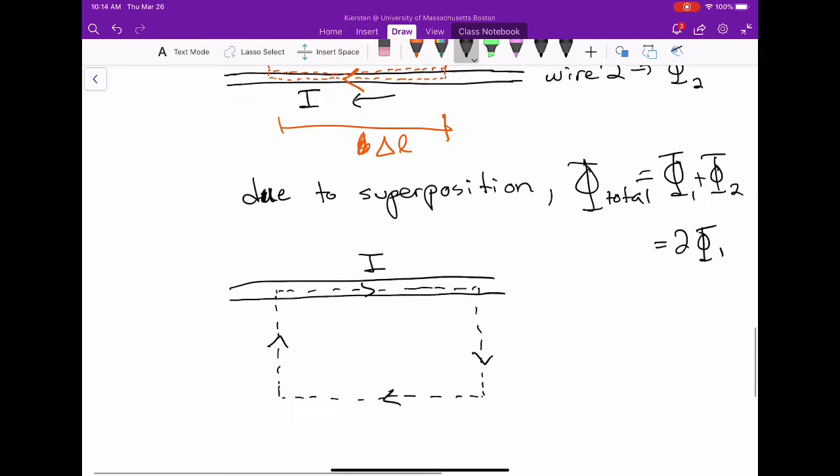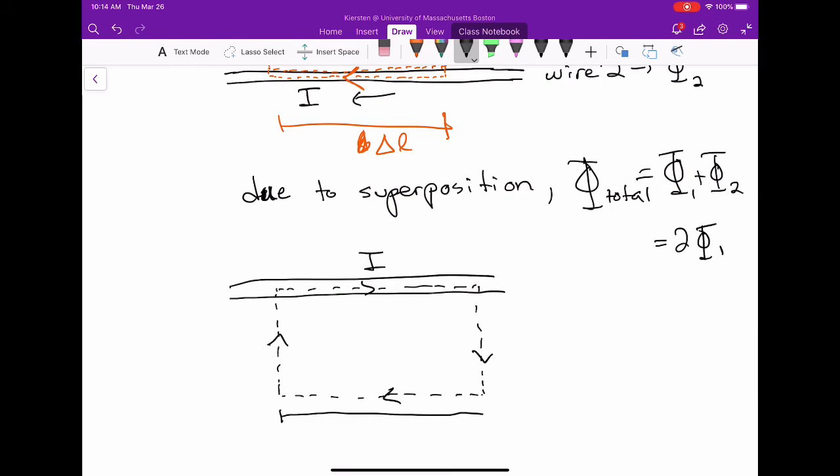So the boundaries of this are, this dimension is delta L, and between the wires we start at radius a and we end at radius d minus a, because we want to stop just at the edge of wire 2.